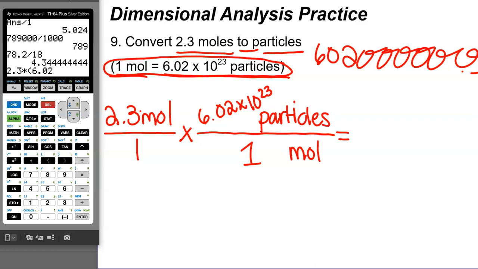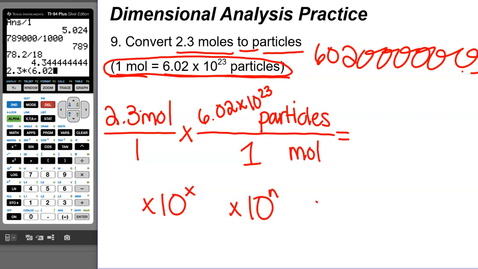But instead of typing all that in, there's a shortcut. And on your calculator, it may look a little bit different. You're looking for a special button, and that button will either say times 10 to the x, or times 10 to the n, or E. One of those buttons is what you're going to press.